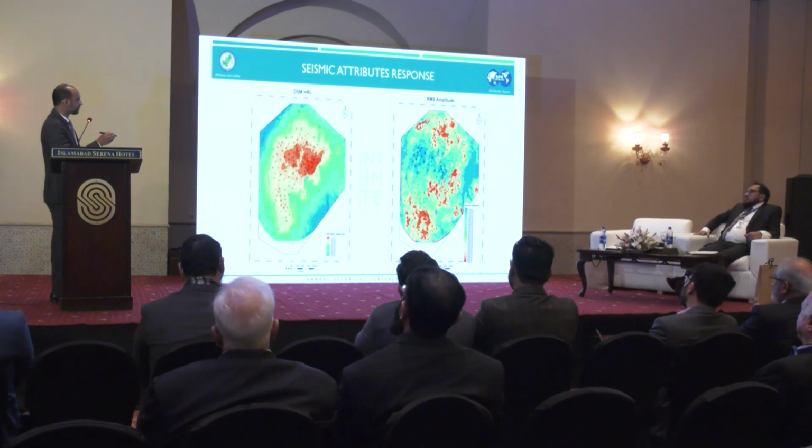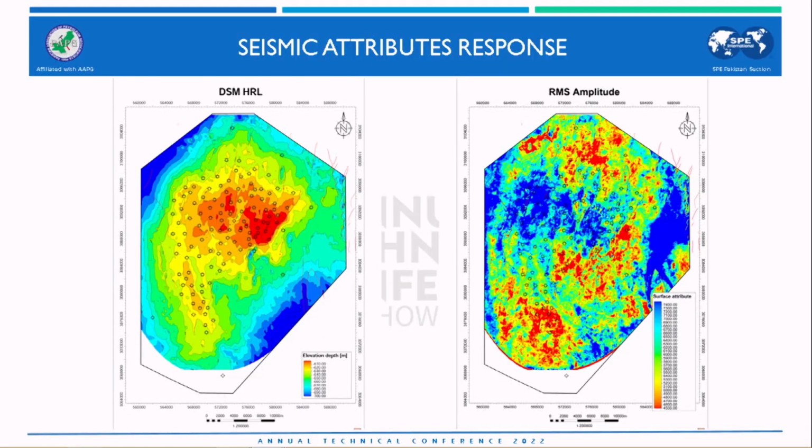Interestingly, we are seeing these blue dots here, lots of blue dots. There was a question from ourselves as well, why we have the same blue color here and the same blue color where the wells are producing. So we concluded that initially, because this area is the highest part of the structure, most of the wells were drilled in this part, and we have 60 years of production in the area, and most of the gas is produced from this part.